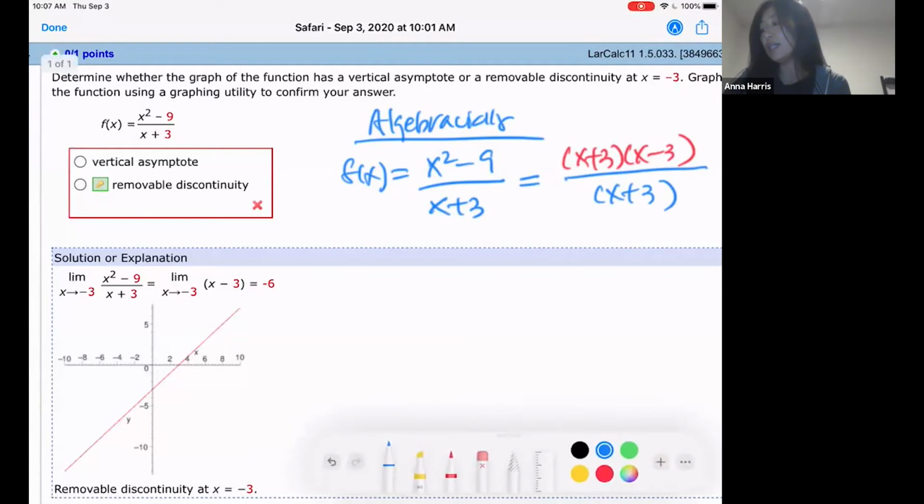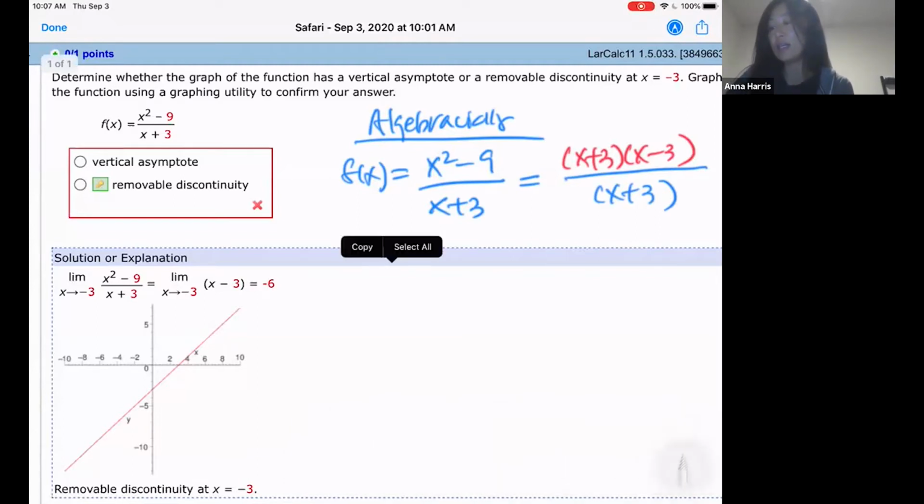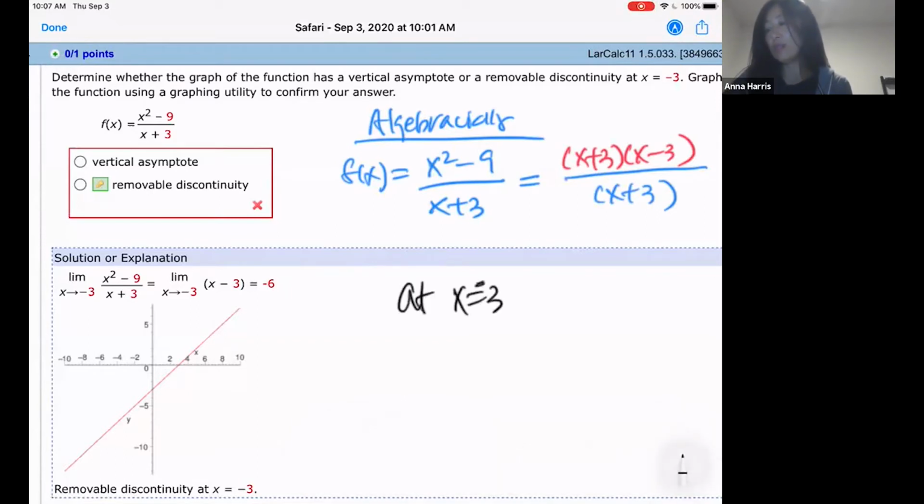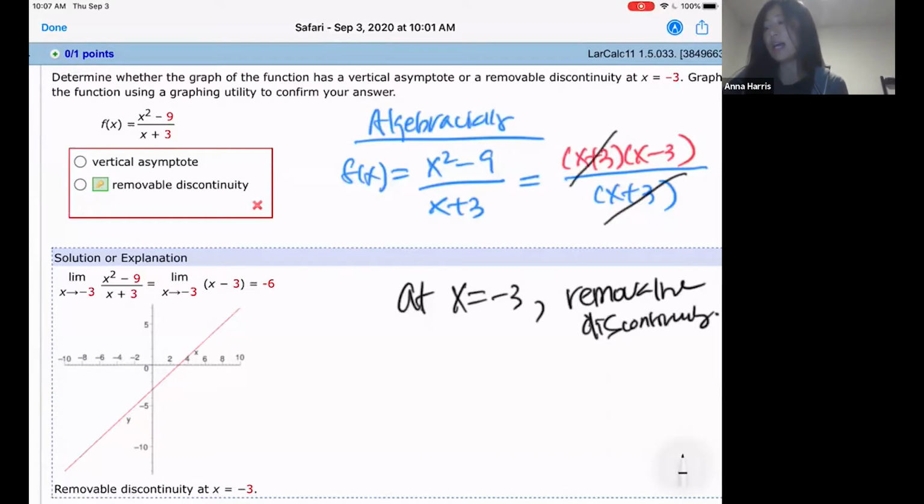So as you can see, at x equal to -3, you have a removable discontinuity, because that and that can cancel out.